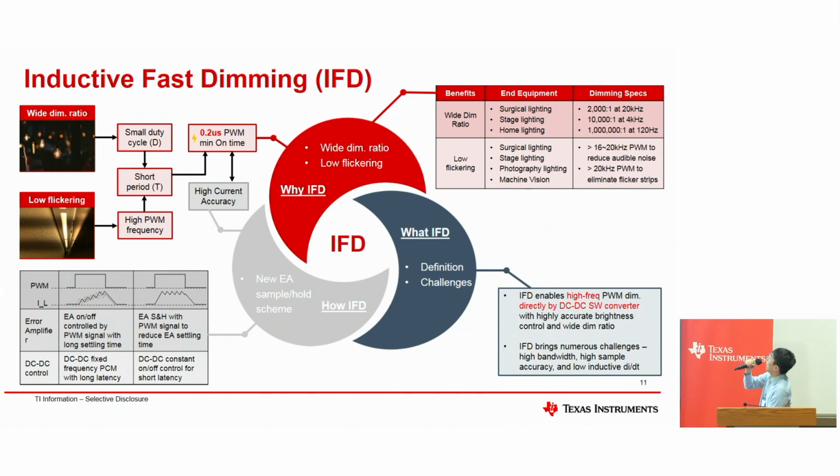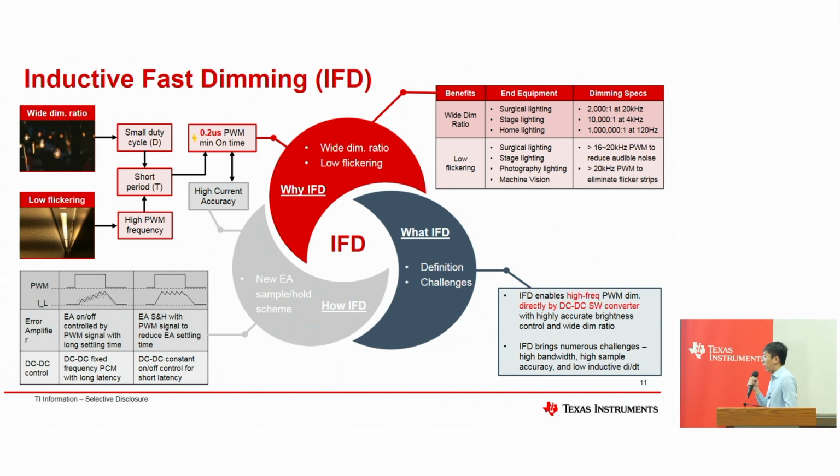So we have surgical lighting, stage lighting, and home lighting. When you decorate your home, you want to add light bars or warm or white LEDs on top of your ceilings. Those can be really nice if you have the inductive fast dimming technology in them. Low flickering is also a very common concern in surgical, stage, and photography lighting and machine vision.